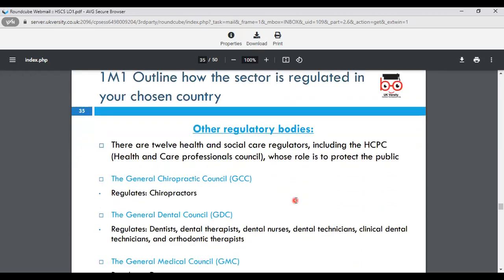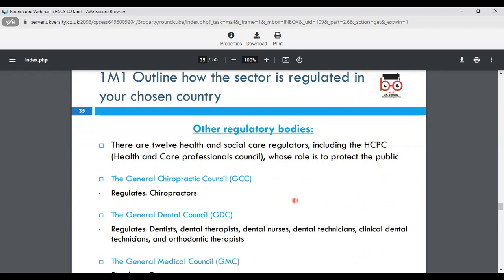For instance, there are 12 health and social care regulators, including the Health and Care Professions Council, known as the HCPC, and its role is to protect the public. And then you have the General Chiropractic Council, the GCC, which regulates chiropractors.